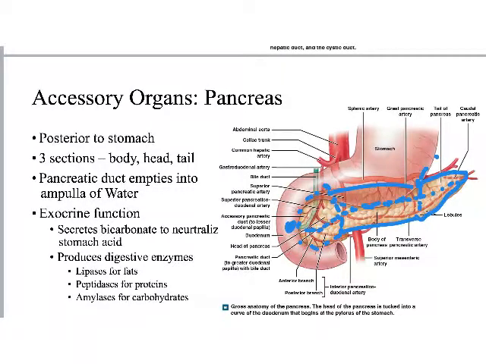So there are two types of functions of the pancreas. You remember when we looked at the endocrine chapter, we talked about the endocrine function of the pancreas, and we said only about 1% of the cells in the pancreas were producing hormones, and we talked about insulin and glucagon that aid with glucose absorption and storage.